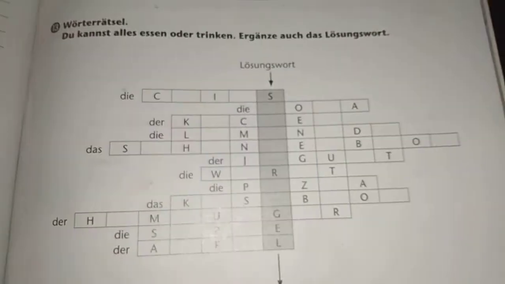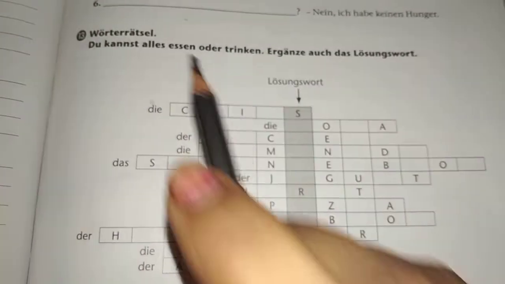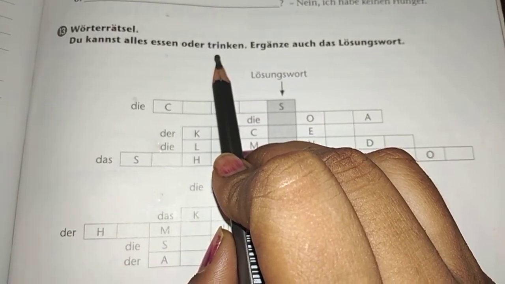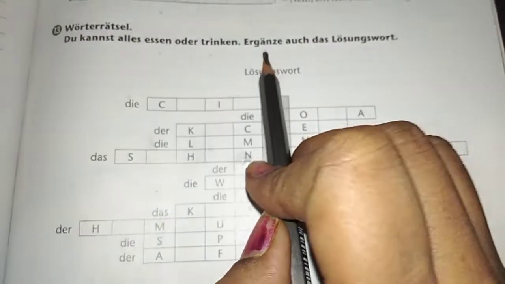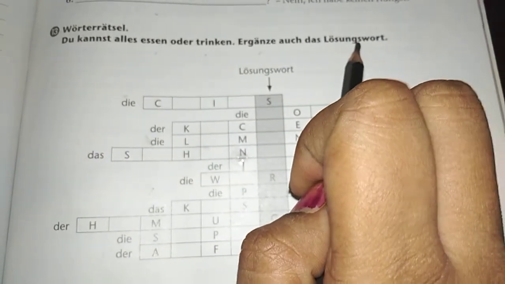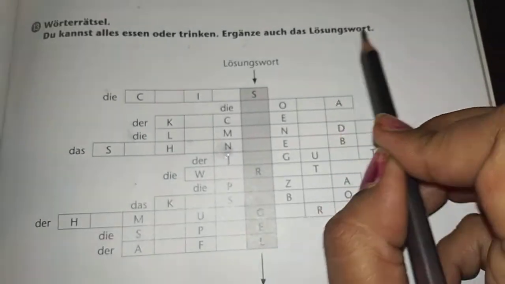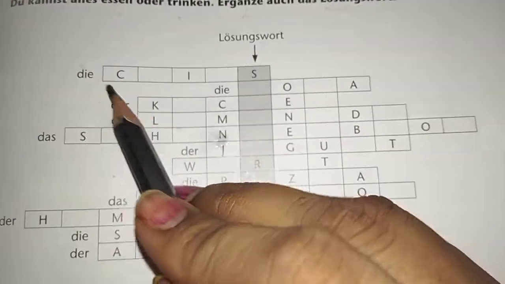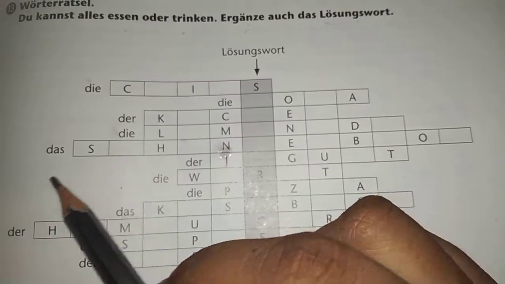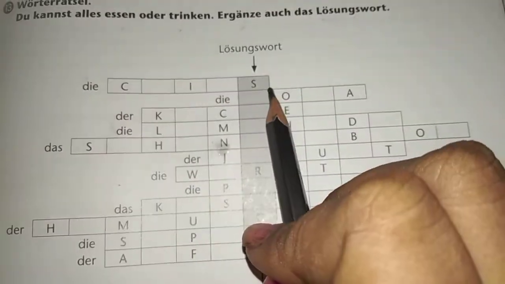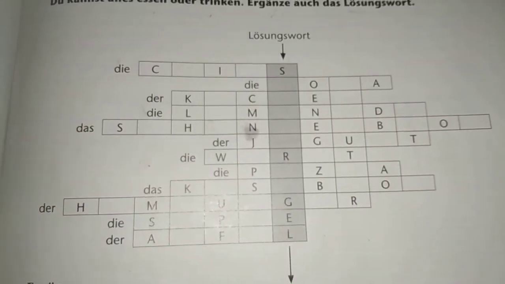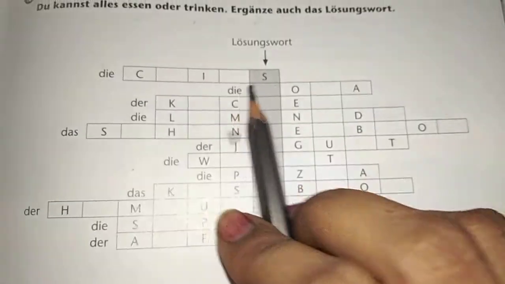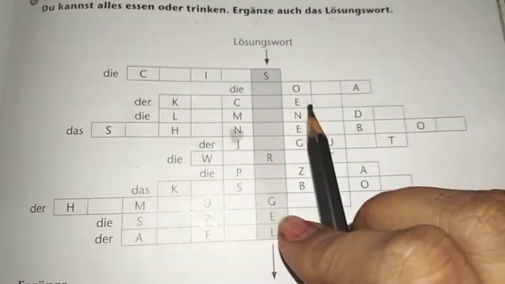Wörter Rätsel. Rätsel is puzzle. Words puzzle. Du kannst alles essen und trinken. You can eat and drink everything. Ergänze auch das Lösungswort. Fill up also the solution word. Lösungswort is solution word. Here the articles are given and few alphabets are given. Accordingly you need to guess the words. Okay, for example here the Cola. Here the Kuchen.